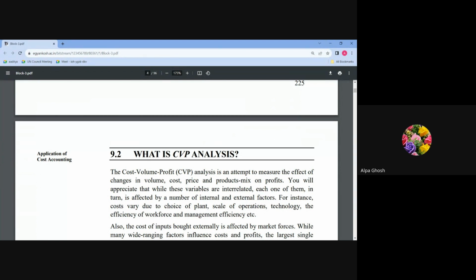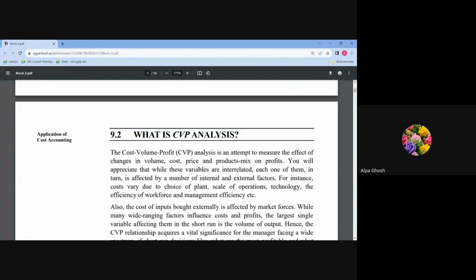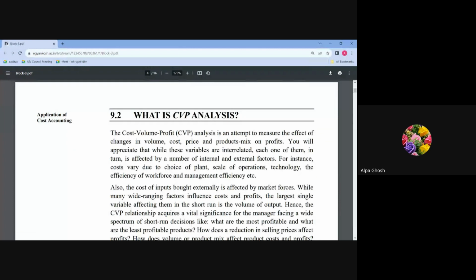If we increase, decrease, or keep the volume stable, how is it going to affect the profit. Second, if we make any changes in the cost, increase, decrease, or stable, how is it going to affect the profit. If there are changes in the price or no change in the price, how is it going to affect the profit. And the last one is product mix. If we mix 2, 3, 4 products, how is it going to affect the profits.